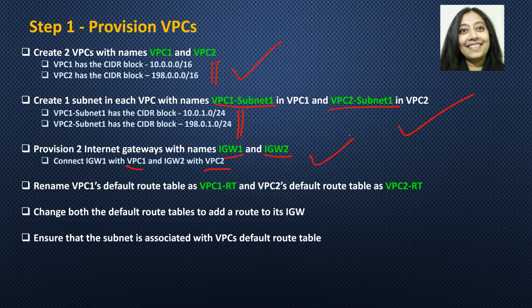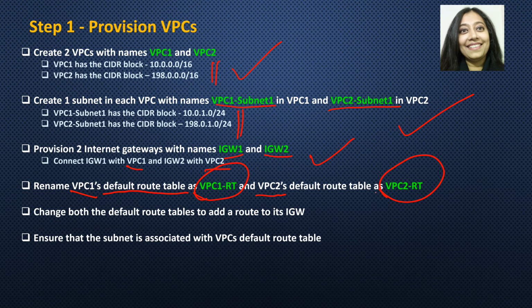The next thing that we need to do is we need to rename VPC1's default route table as VPC1RT and VPC2's default route table as VPC2RT. Now this renaming is important, right? As you move further ahead, if you don't have the right names, you will get confused.